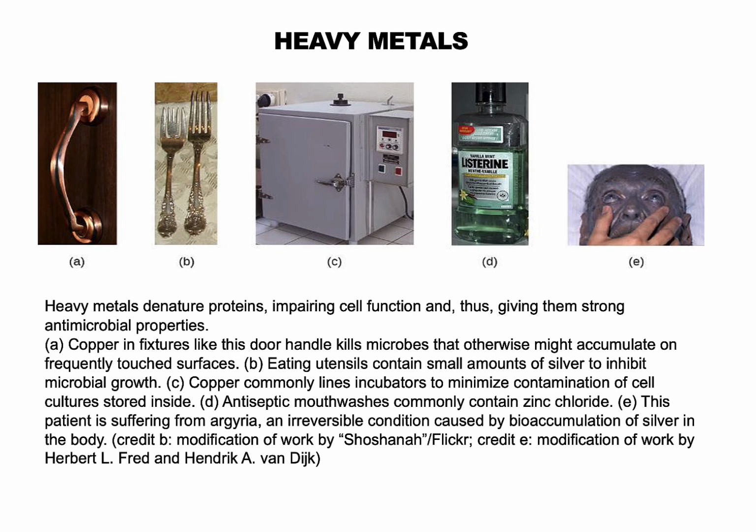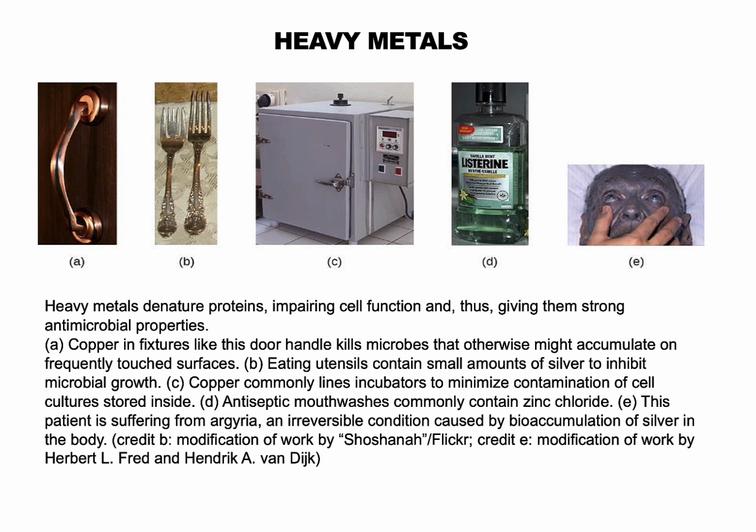Several heavy metals such as copper, nickel, and zinc are recognized for their antimicrobial properties. Copper sulfate is frequently employed as an algicide in swimming pools and fish tanks, while metallic copper is increasingly used for reduced microbial growth. For instance, copper lining in incubators helps minimize contamination in cell cultures, and the use of copper pots for water storage in underdeveloped regions is being explored as a means to combat diarrheal diseases.